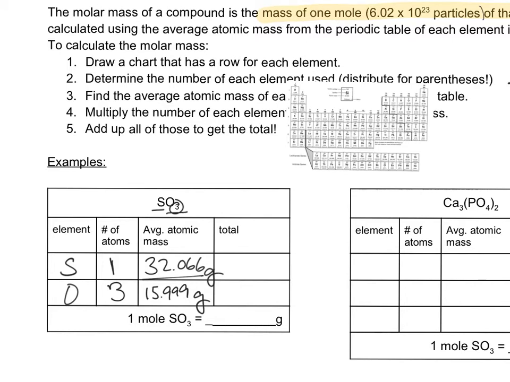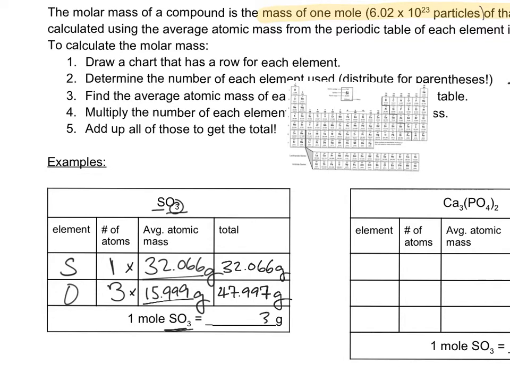What you'll do with those 2 numbers is you'll multiply them to get a total mass for that element. 1 times 32.066 is 32.066, still in grams. And then oxygen has 3 atoms, each with an average atomic mass of 15.999 grams. And you multiply 3 times 15.999, which is 47.997 grams. And then you'll add those 2 things up to get the total for the whole compound SO3.